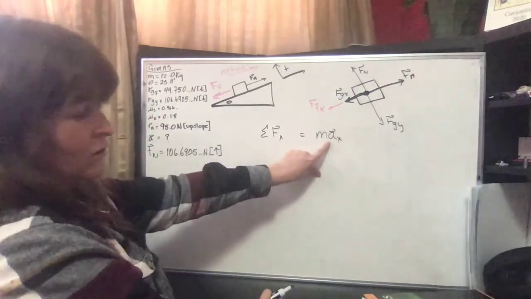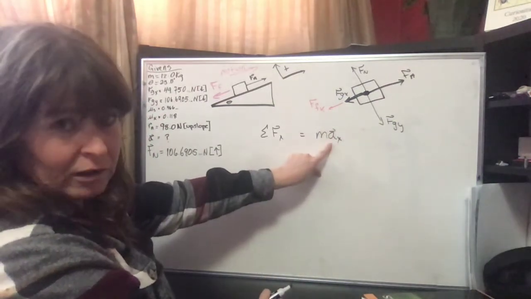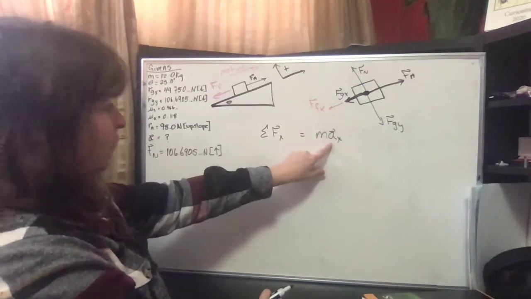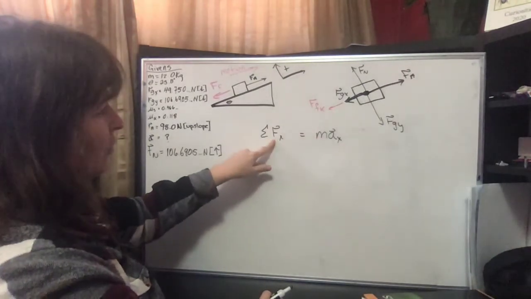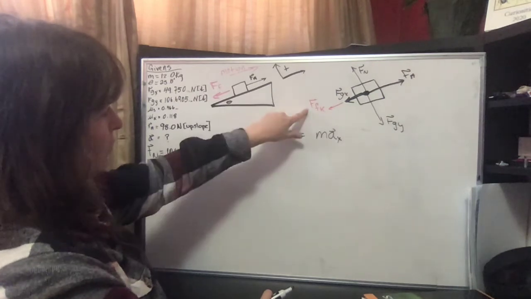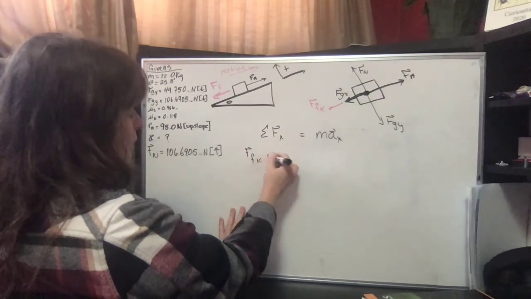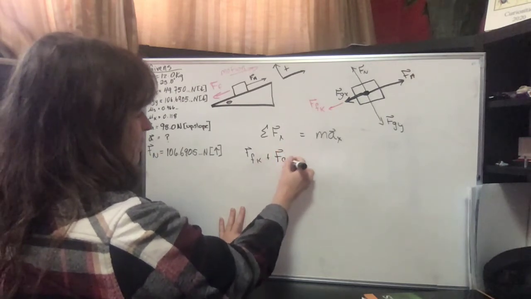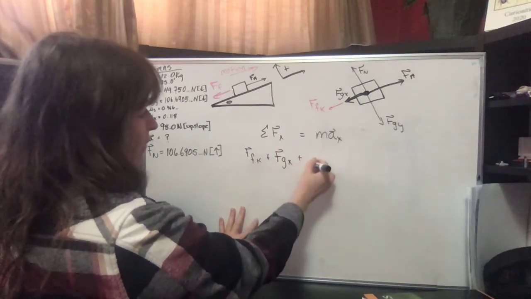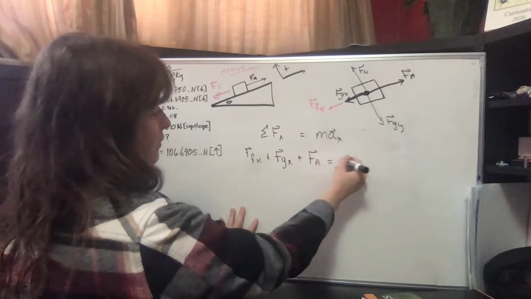Red pen of death does not get to play because we are not crossing that out. In fact, that is what we're solving for. So let's have a look at our forces. Well, we know we've got friction, Fg of x, and we also have that force applied.